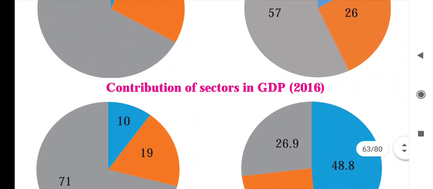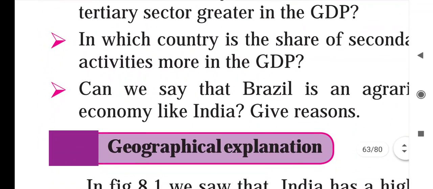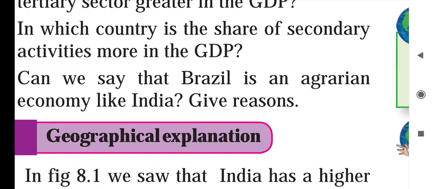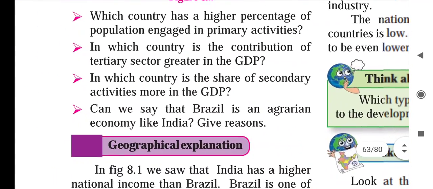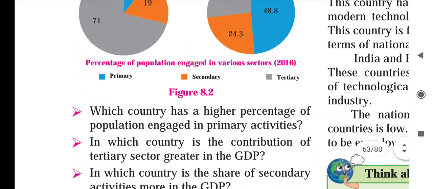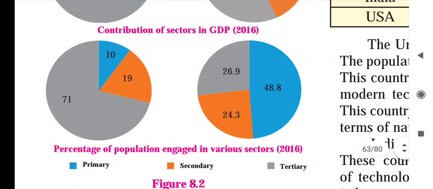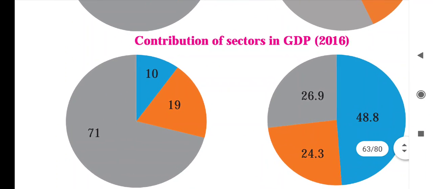Now next, last question they have asked, can we say that Brazil is an agrarian economy like India? So we cannot say that Brazil is an agrarian economy like India. What are the reasons? See, number one reason, in India, if we see the pie chart, 48.8% of population is engaged in primary activities, and on the other hand in Brazil only 10% population is engaged in primary activities.